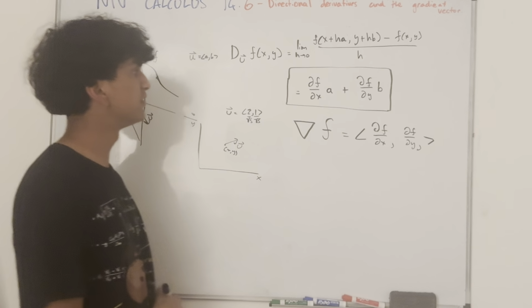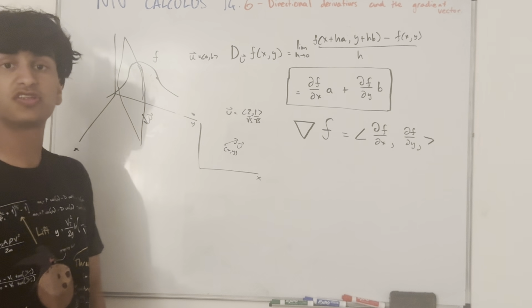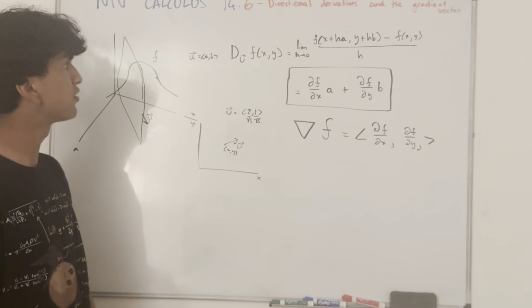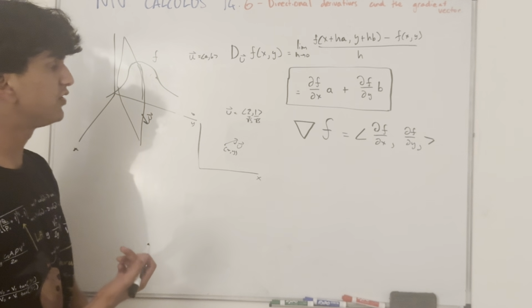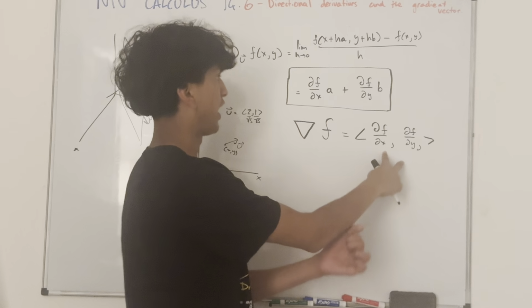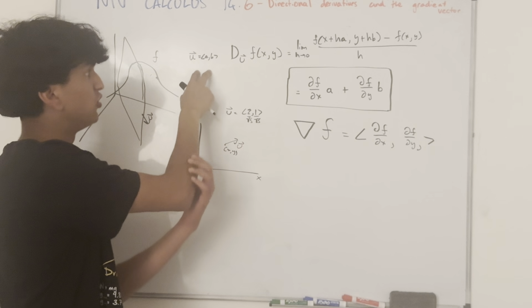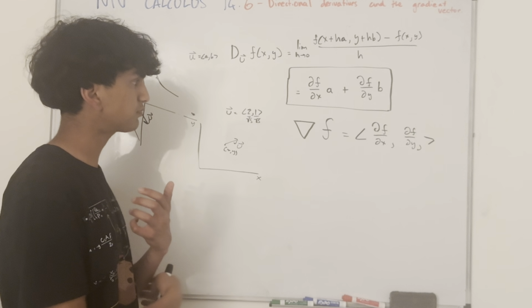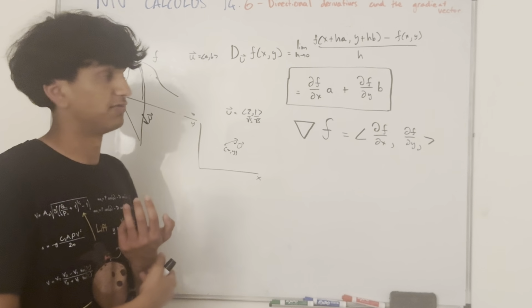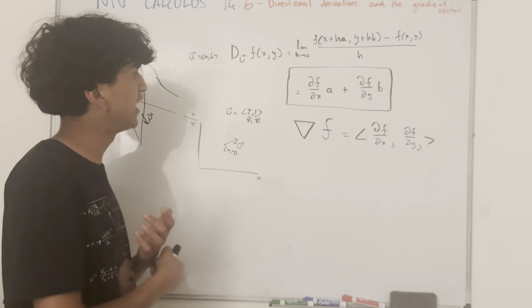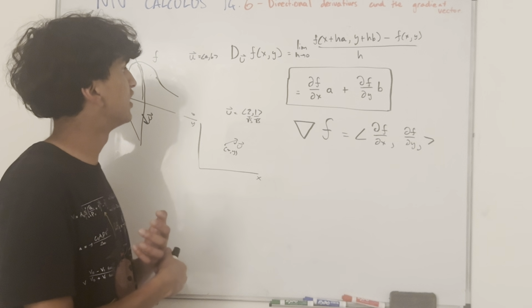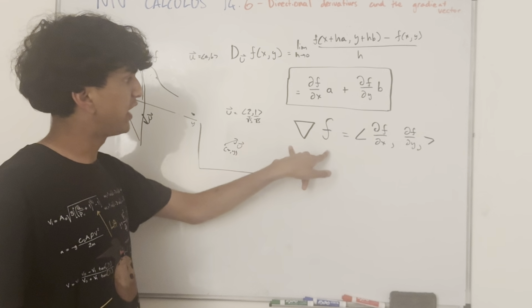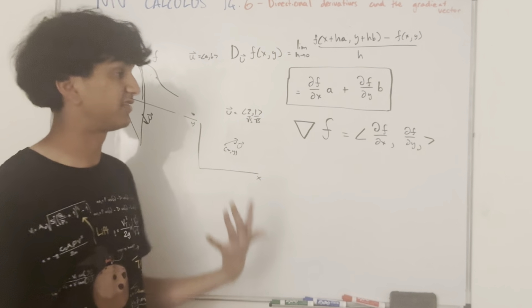And the reason this is a good thing to define is because if these are the components of a vector, and we know u is a unit vector with components a, b, that is also a vector. Well, it looks like we're taking the dot product of the gradient of f and u, and that's exactly what we're doing.